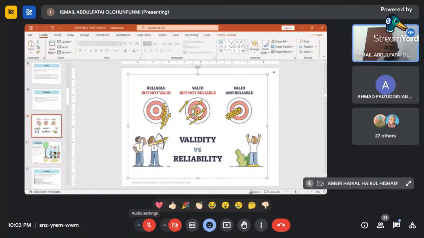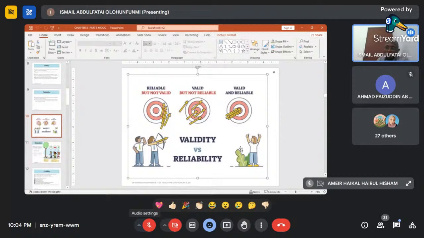It's not consistent but valid. Okay, you are getting it. You get half of it. You get that it's not consistent because it's not in one place, but it's valid because it strikes the target, which is the middle. You get my point now? So you can say it's valid.